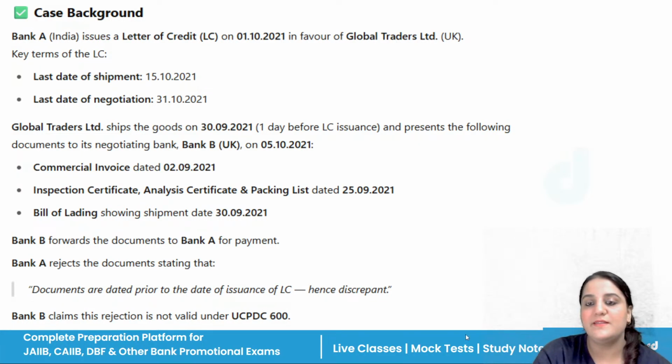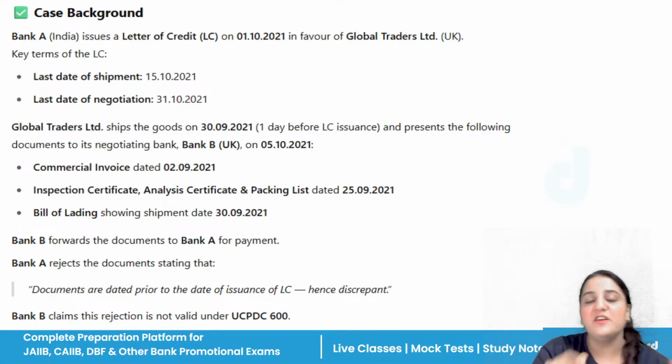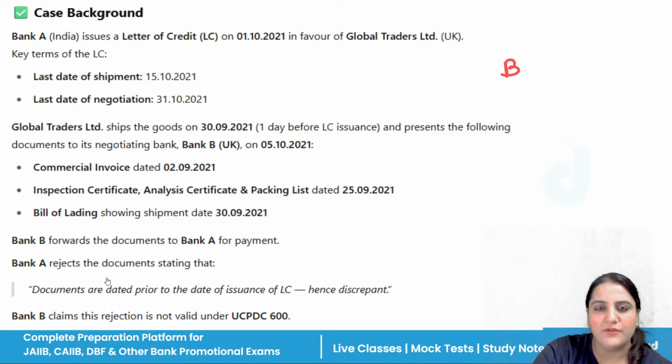Now today let's start with this case study where first the background is given: Bank A issues a letter of credit on 1st October 2021 in favor of Global Traders Limited, UK. Some of the key terms of the LC are given here, like the last date of shipment and the last date of negotiation.